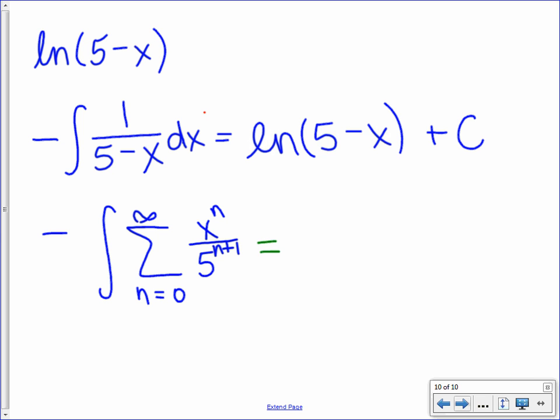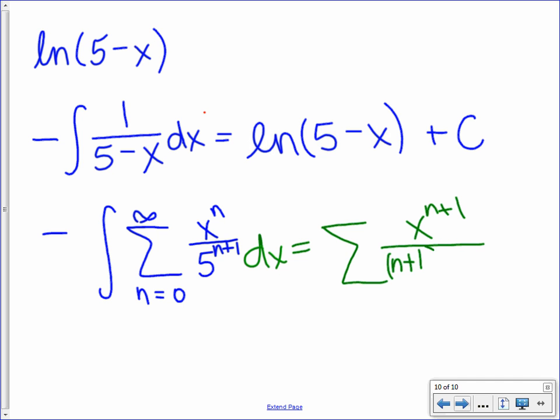With respect to x, what do we get? x to the n plus 1 divided by n plus 1 with the 5 to the n plus 1 still there. Remember, everything with respect to x.